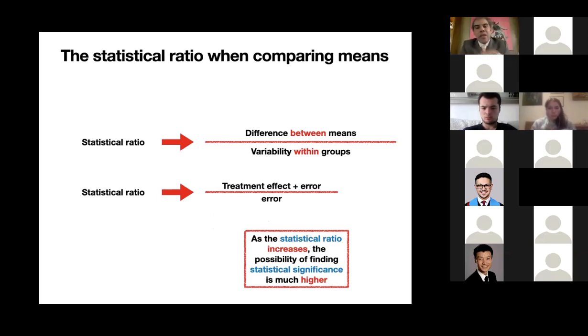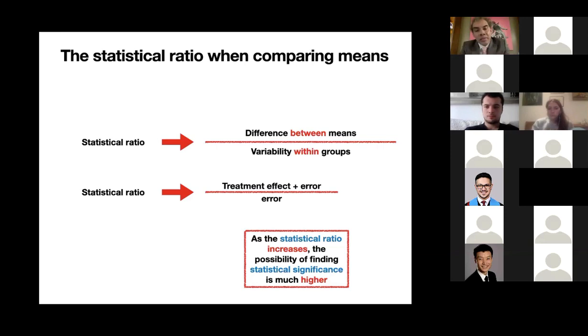Meaning that if I got a bigger treatment effect, my numerator of the equation will be bigger than the denominator. And the bigger my treatment effect, the bigger the numerator. So the ratio will be bigger. And as I say here, as the statistical ratio increases, the possibility of finding statistical significance is much higher.